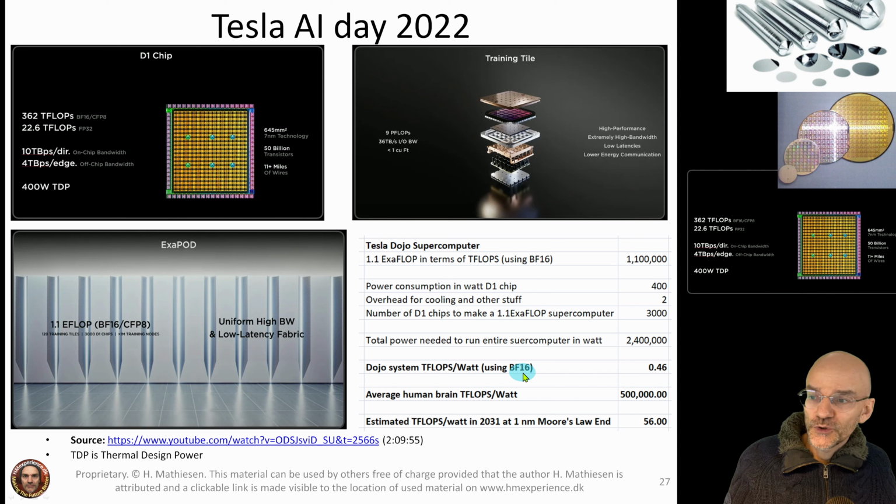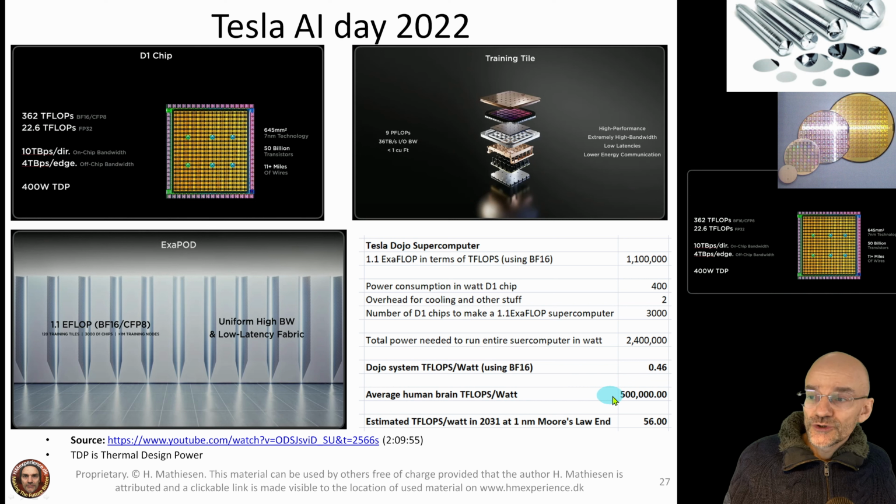That's kind of disappointing. The average human brain has 1,000,000 times more efficiency in terms of compute than this supercomputer. It was 500,000 teraflops per watt that was estimated by Ray Kurzweil.